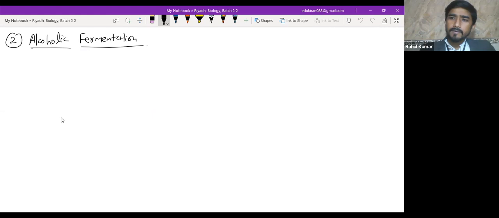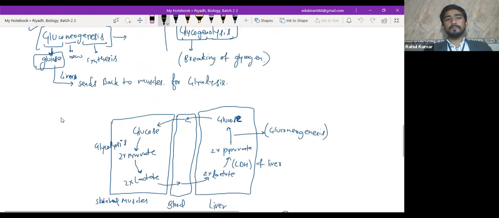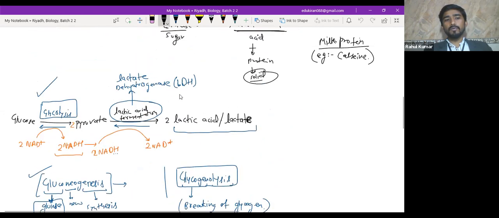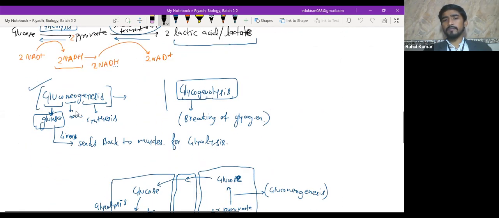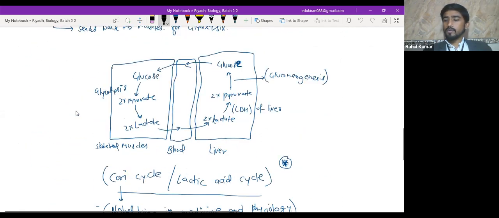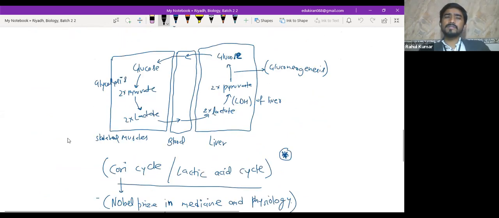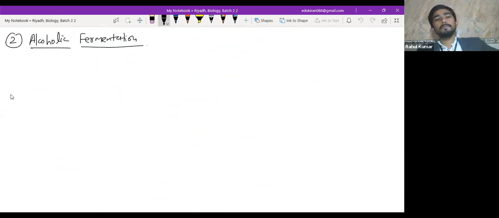So I always start the pathway with glucose, but remember that glucose is not a part of this pathway, right? Because from glucose to pyruvate, it's a separate pathway called glycolysis. I hope you all are understanding, and it's obvious, right? Because I have to show NADH now, let's use glucose, but remember, this is not a part of alcoholic fermentation.